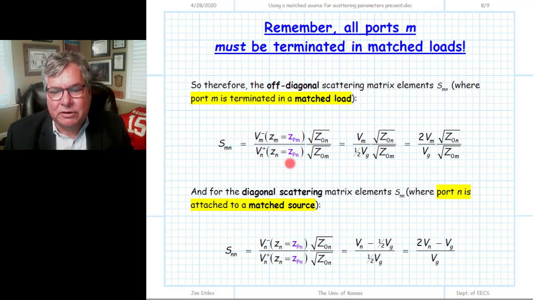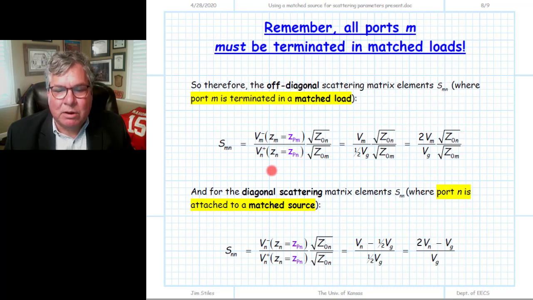So we can take the definition and write it in this form. Again, we just took the normalized wave amplitudes, did a little algebra, and showed that this is the scattering parameter result that we get. We wrote it this way so we could look at these two values. First of all, what is the exiting wave on port m? Because we have a matched load, we know that the exiting wave at port m is simply equal to the total voltage at port m.